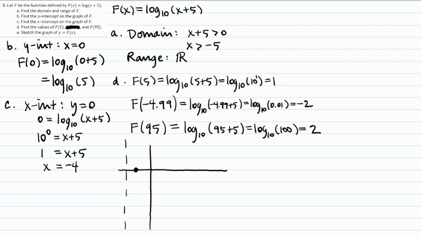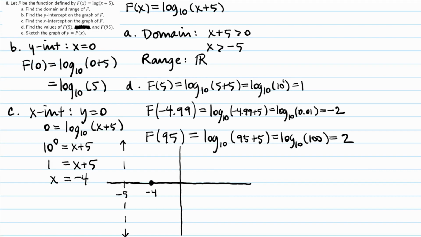I kind of boxed myself in here as far as the y-intercept, because we found that the log base 10 of 5 was between 0 and 1. So I think I might redraw this. That's more like it, way out of proportion, so that I can draw this. It looks pretty decent.